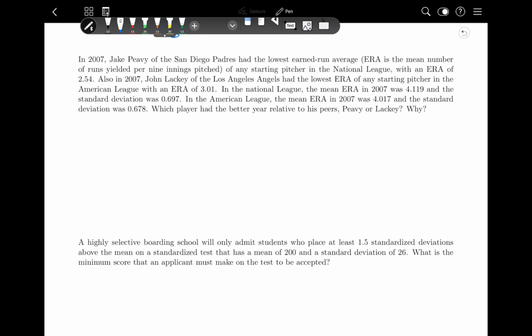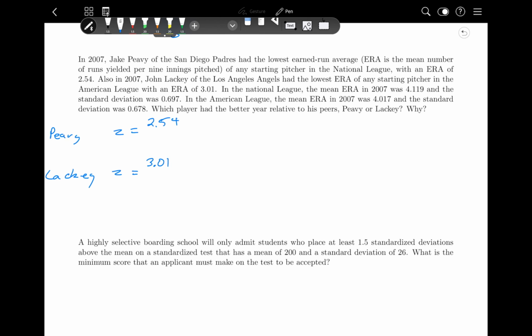Okay, so what we want to do is we've got Peavy, we've got Lackey, we want to find their z-scores. So to find their z-scores, we subtract their data value. So that's their ERA. So for Jake Peavy, that's 2.54. And for John Lackey, that's 3.01.